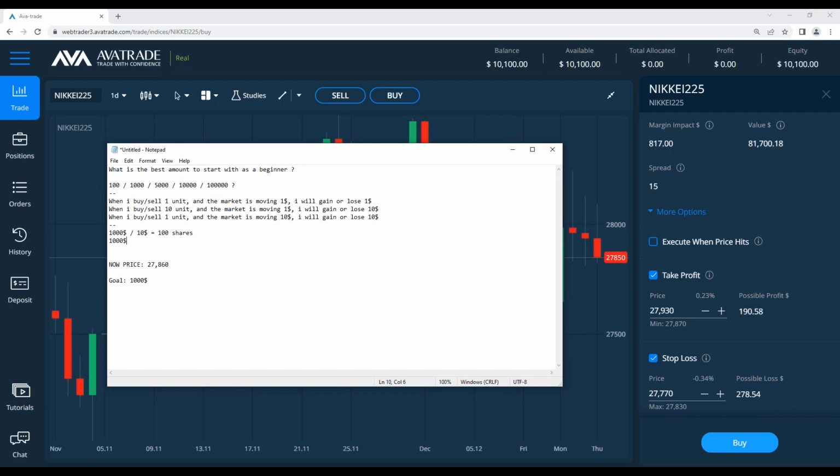If I'm looking for a $100 movement, then I need only 10 shares. Now, our balance is $10,000. We're hoping to make 1,000 with Nikkei, and I want to know whether this balance is suitable to trade Nikkei.